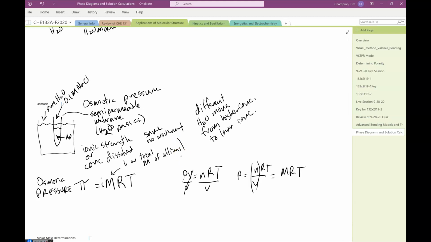For example, this one is 0.1 molar NaCl. That means 0.1 molar Na plus ion and 0.1 molar Cl minus ion. So we would say iM, that's 2 times 0.1 molar, would be 0.2 molar. Or if we added those two together, we would get 0.2 molar. It's the same idea either way.